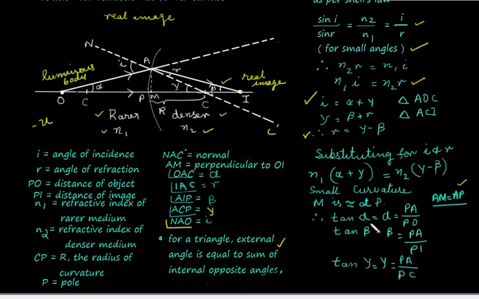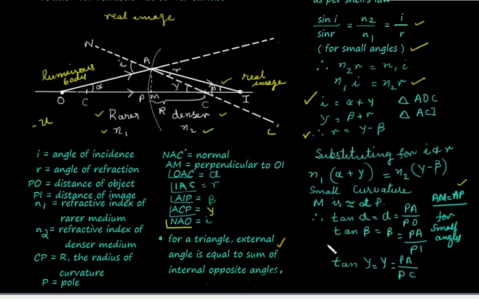Tan alpha is equal to alpha because alpha is very small, and that is equal to, from this triangle, PA by PO. Tan beta, considering the triangle API, is equal to PA by PI. This distance is the distance of the image.